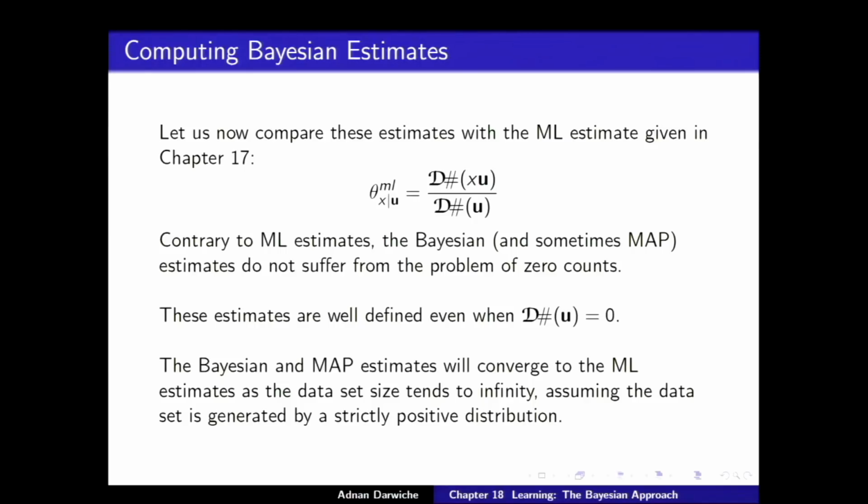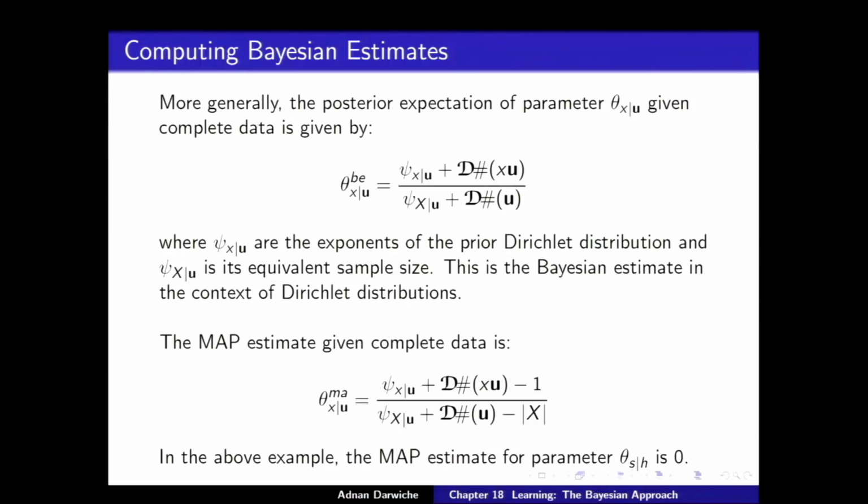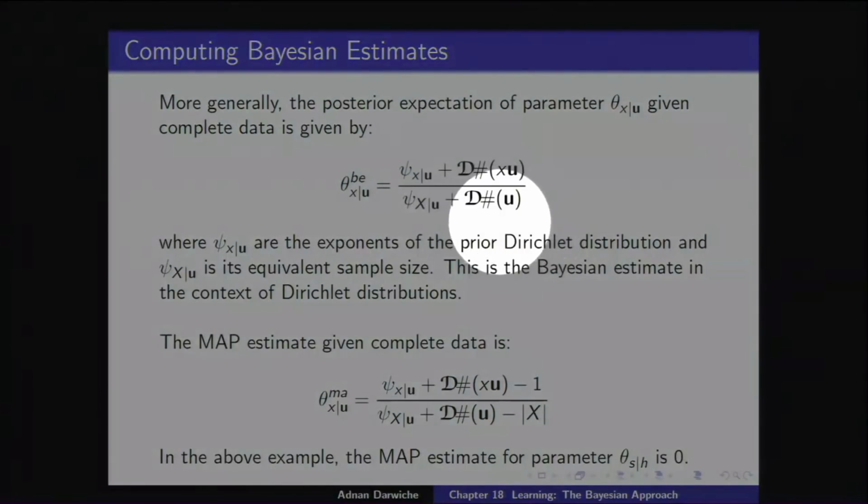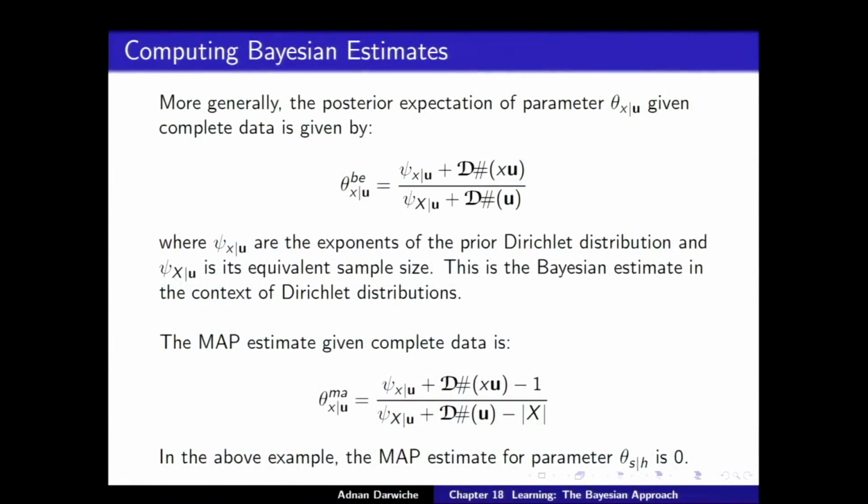Look why. Let's go back to these equations. When this is 0, you will still be okay. And similar here. What's happening here? In a sense, we are falling back on prior knowledge. The data is not telling me anything about that. I'm not seeing that instance, but then prior knowledge kicks in and helps with that.